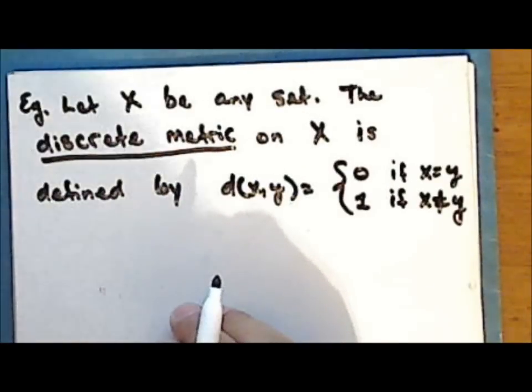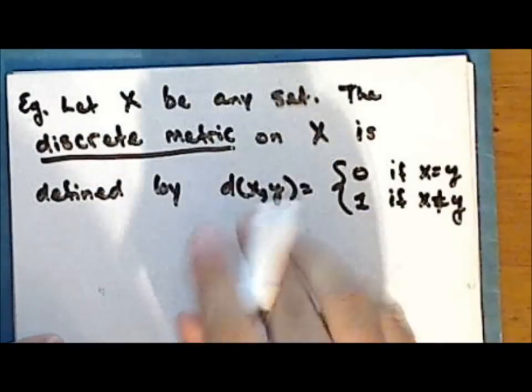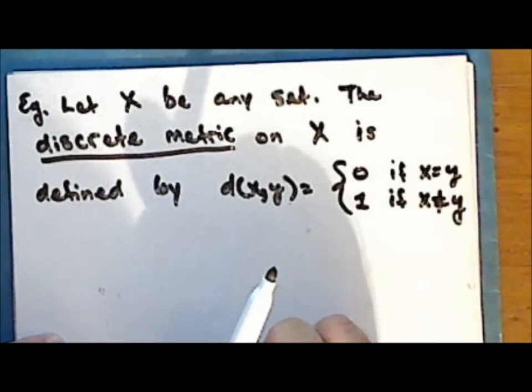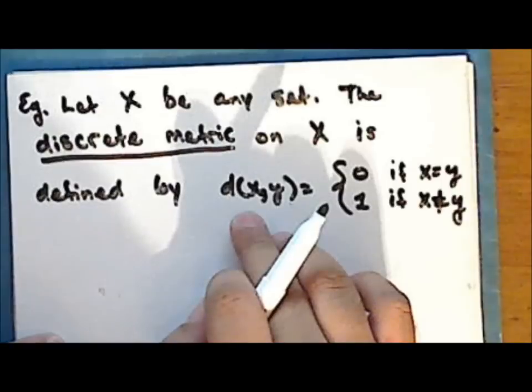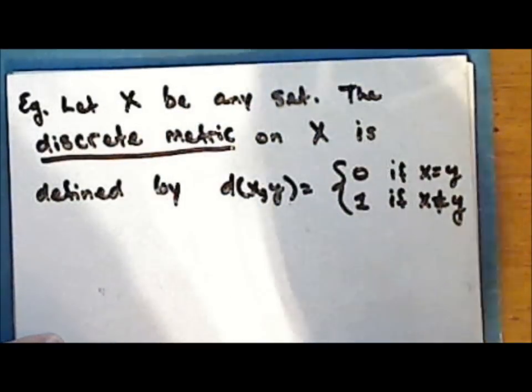So only two possible values. If the two points are the same, then the distance, of course, is 0. Otherwise, if the two points are distinct, it has a distance of 1.